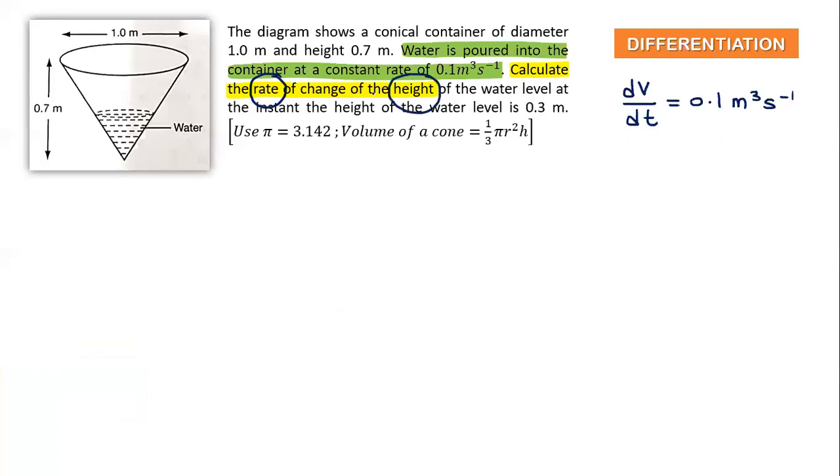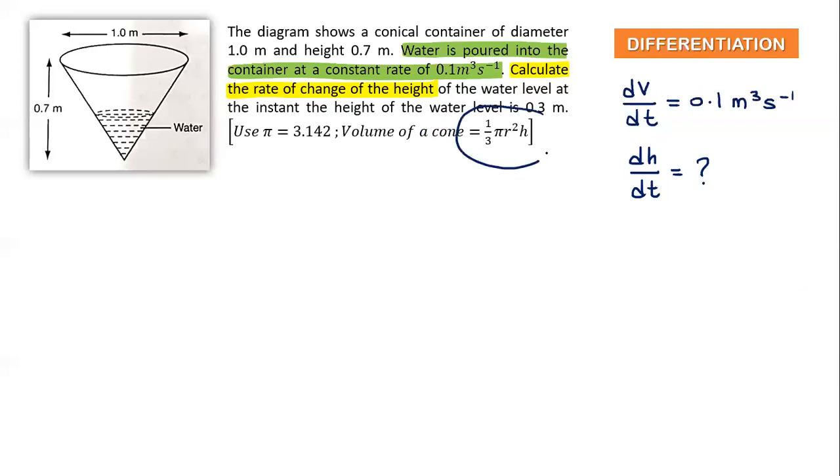Rate is time, height is h. So we need to find dh/dt. This is our question, class. The question asks us to get dh/dt.